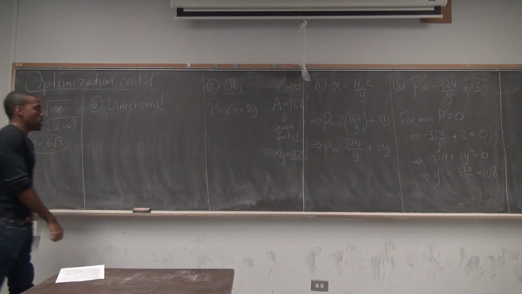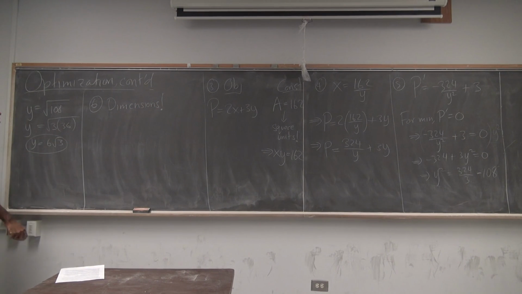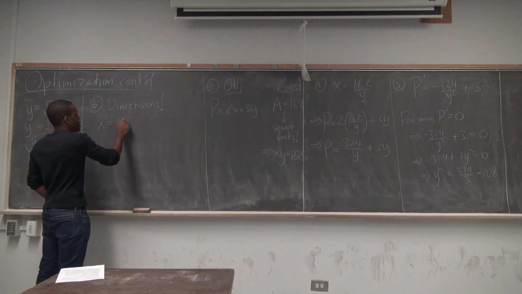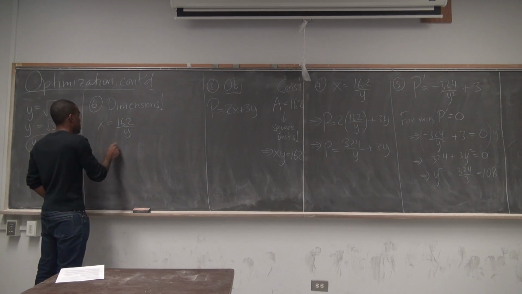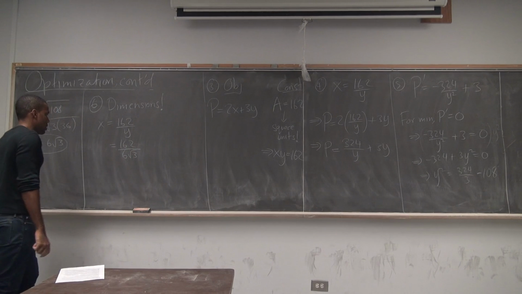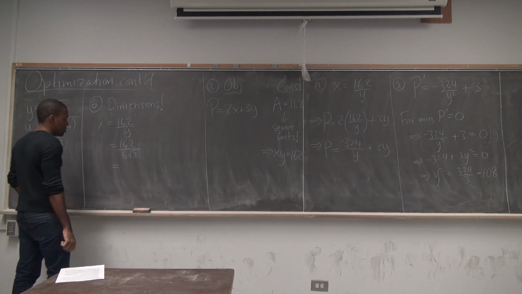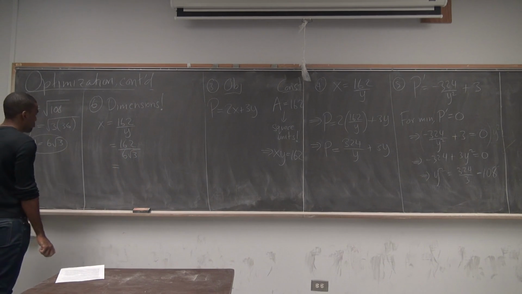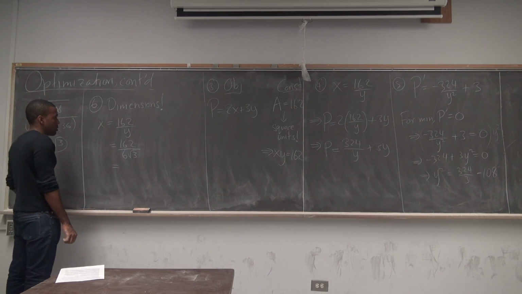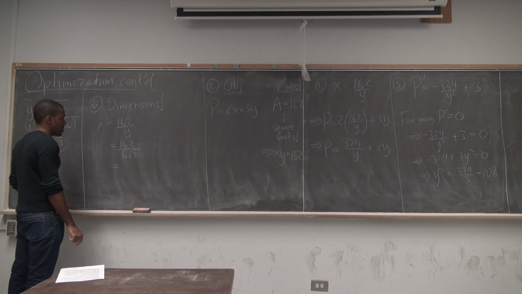So I already know the vertical dimension. Now I need to find the horizontal. So x would be 162 over y. So that's going to be 162 over 6 radical 3. Does 6 go into that? Well, I know 3 goes into it.